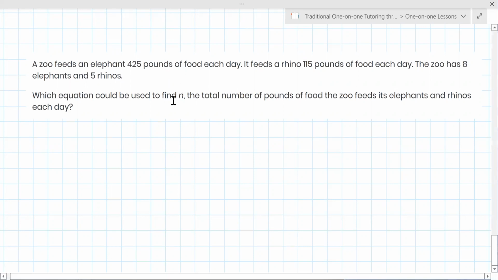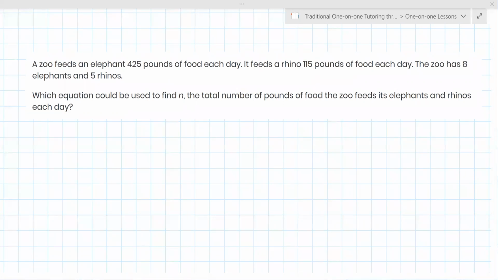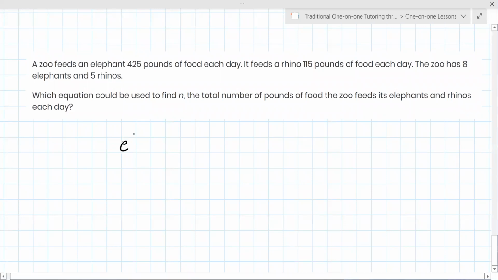So a zoo feeds an elephant 425 pounds of food each day. Okay. And it feeds a rhino 115 pounds of food each day. So let's look at it from the perspective of there's an elephant and there is also a rhino.